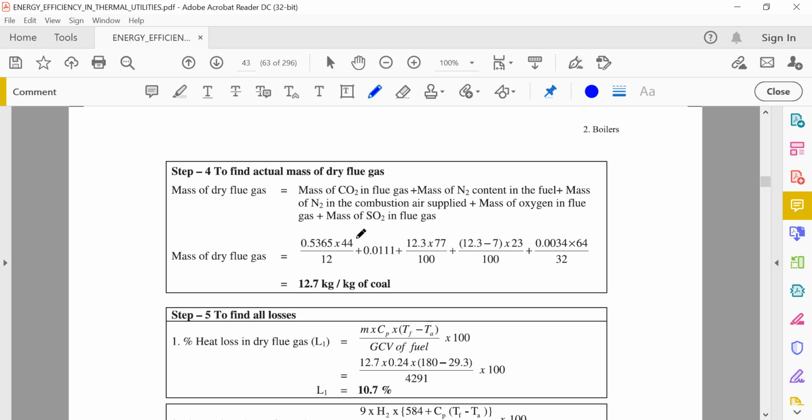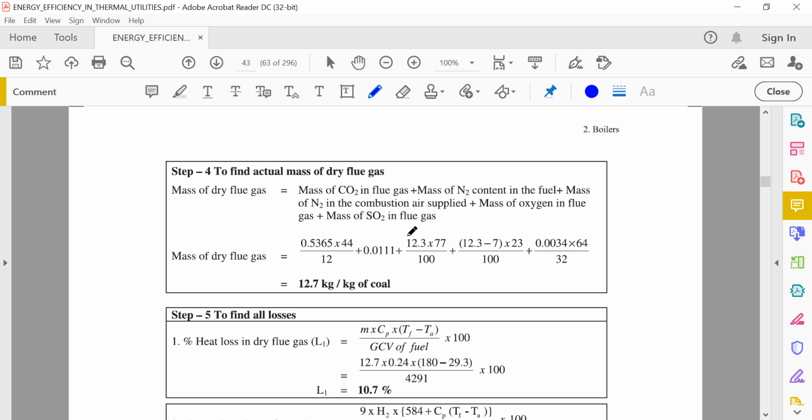So for these calculations, we are putting up the values of, for example, carbon here. This is nitrogen. Here we can see that when we burn 1 kg of carbon, it produces 44/12 kg of carbon dioxide. So if we burn 0.5365 kg of carbon, then we are going to get this value of carbon dioxide. Similarly, nitrogen we are not burning, but it is going as it is. So this value is as it is. Similarly, the air that we have supplied, 12.3 kg per kg of fuel, has 77% of nitrogen.